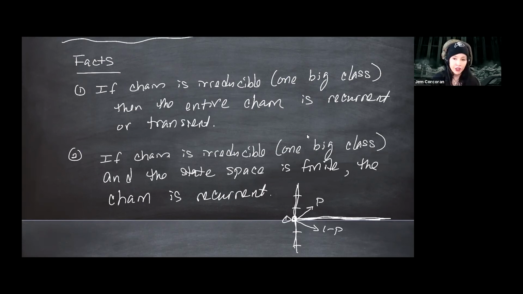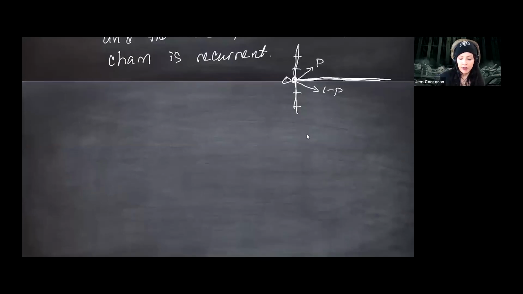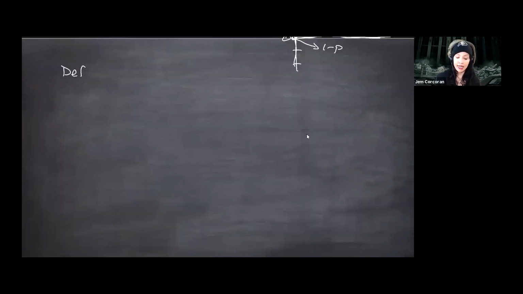So I want to prove these things, but I do need to set up a more formal definition of recurrence and transience and some notation. I've got a couple of definitions for you here. The first is the first hitting time of a Markov chain to a state. This is a little bit different than a first return time, which I'm going to define next.